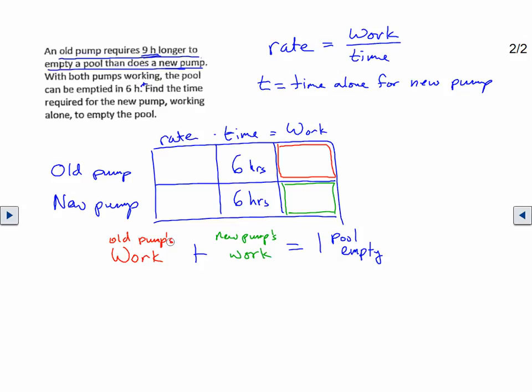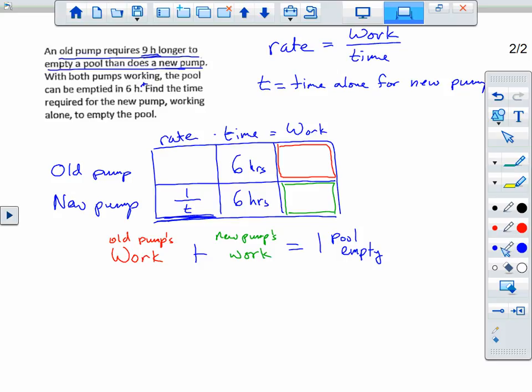Then the new pump's rate is going to be 1/T. If the new pump could empty the pool in, say, 10 hours by itself, then every single hour it empties 1/10 of the pool. So its rate would be 1/10 per hour, 1/10 of the pool emptied per hour.